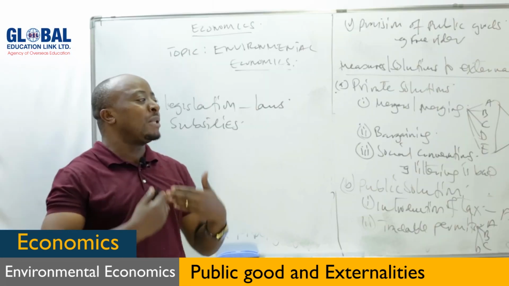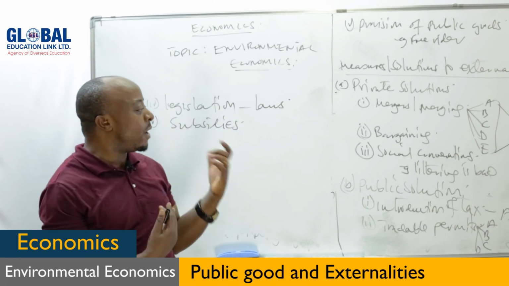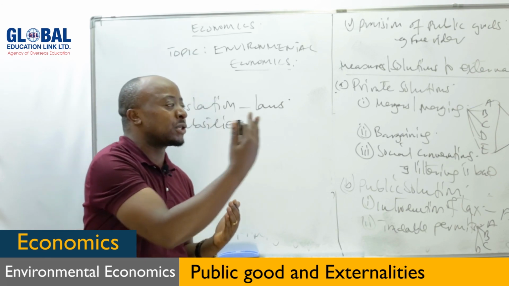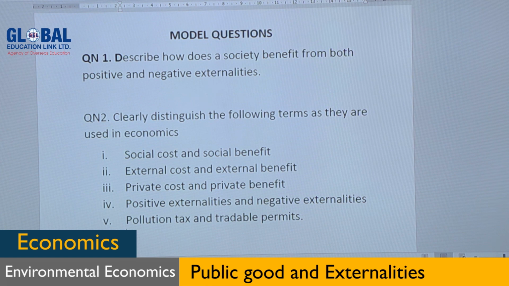It means here you show how society may benefit from these externalities that we have discussed. So use the knowledge you have grasped from the class to indicate how society can benefit from those externalities.